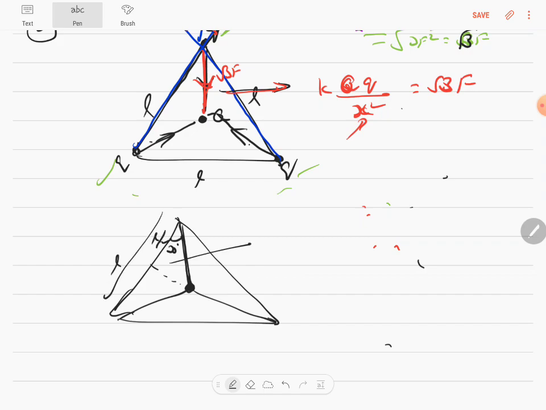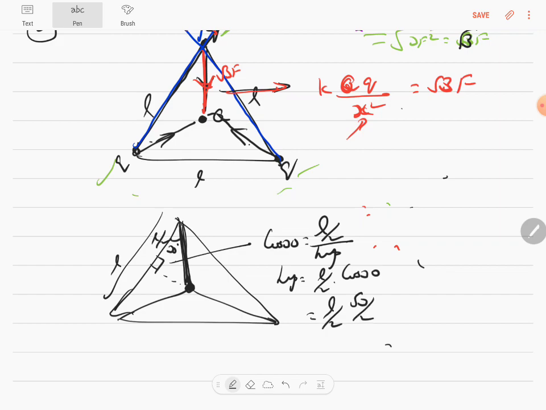Take this right triangle, and to find this side, which is the hypotenuse, you have to write cos 30, which is equal to adjacent, L by 2, by hypotenuse. Thus the hypotenuse will be L by 2 into cos 30, and cos 30 is root 3 by 2, so it's root 3 L by 4.